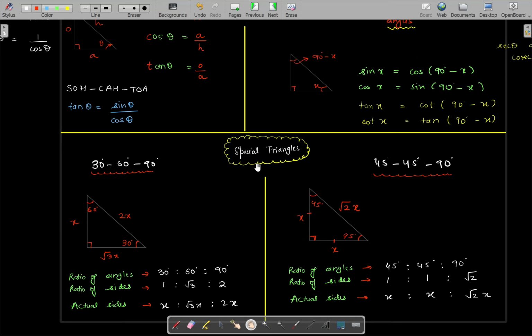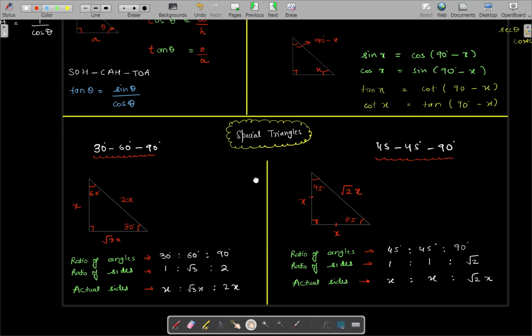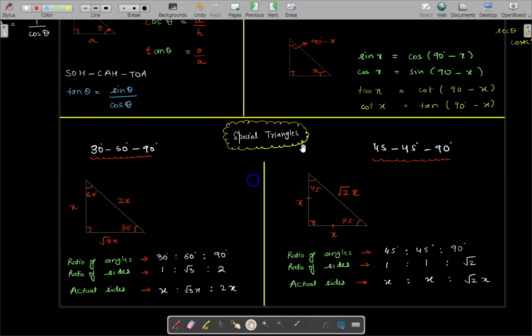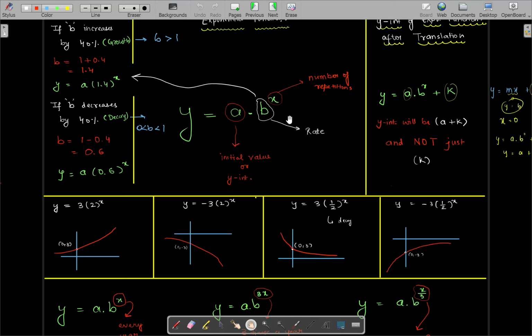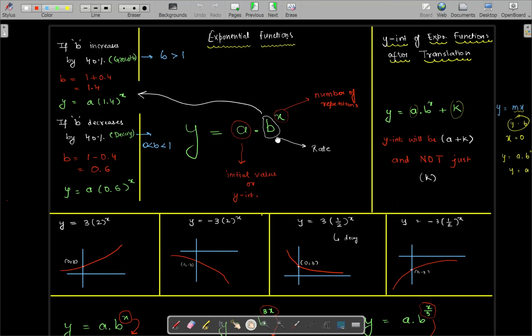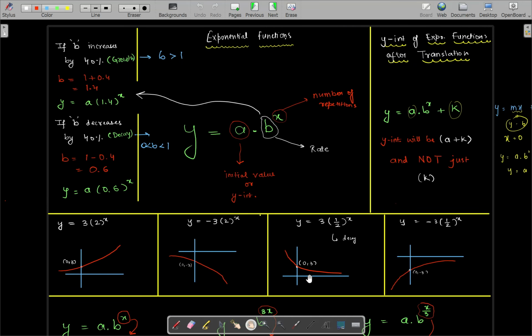But the question from special triangles will be clubbed with some other question where you'll have to use this concept to find either a missing side or a missing angle. So that's it for this video, and in the next video we will revise exponential functions.